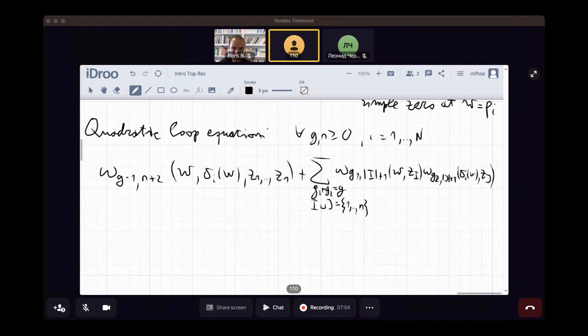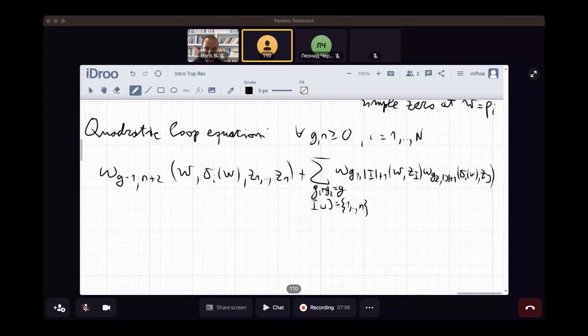And the equation is the same as there: basically it is holomorphic at pi and has at least a double zero.